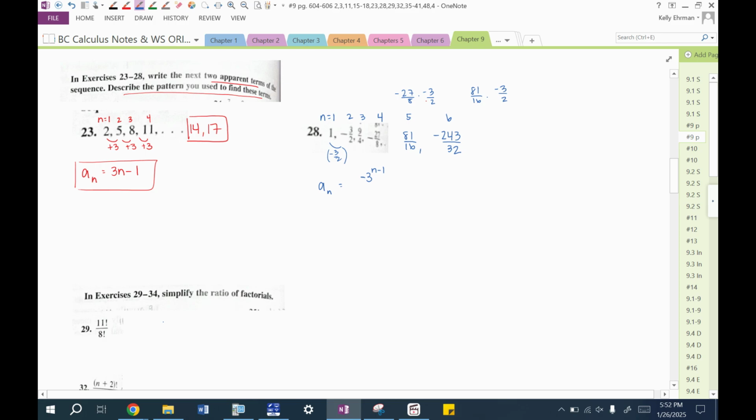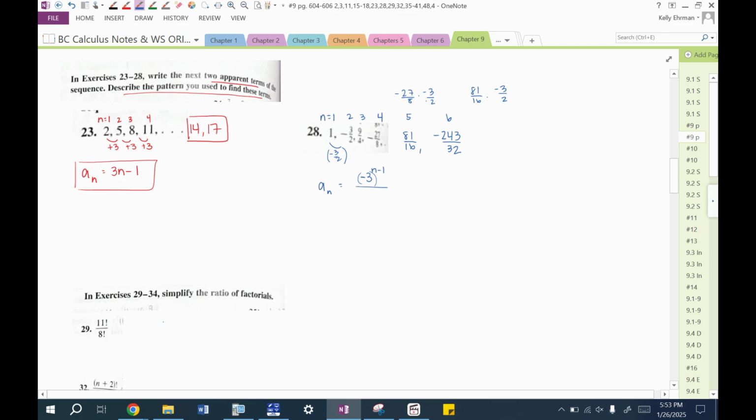Because to get the correct negative signs, like the second term, for example, when I plug in 2, I'm going to get -3 to the first, and that'll give me the -3 I need here. And when I plug in 3, I'm going to get (-3) squared, which is +9. So I think this works if I put the -3 in parentheses.